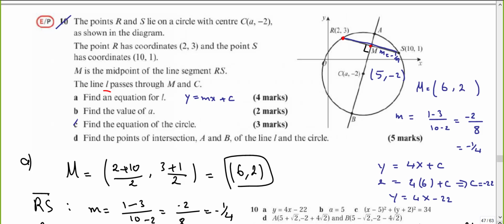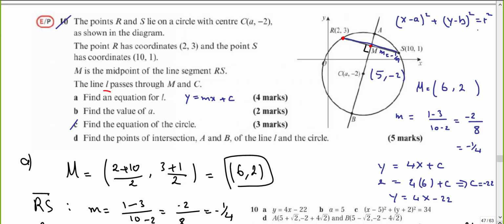Part C, they say find the equation of the circle. You know the equation of the circle is x minus a all squared plus y minus b all squared equal the radius squared. A and B we have already, which is the center. But the problem is R, the radius.